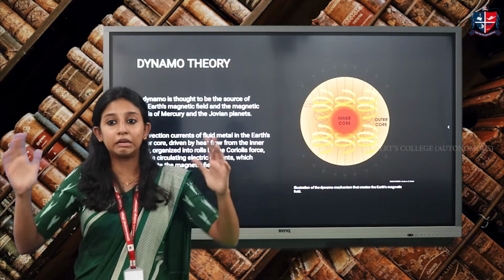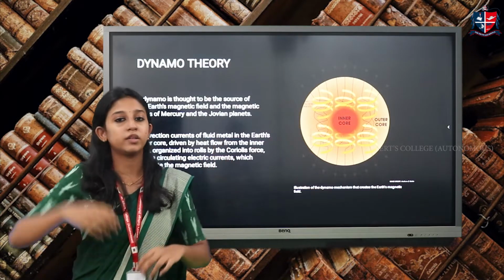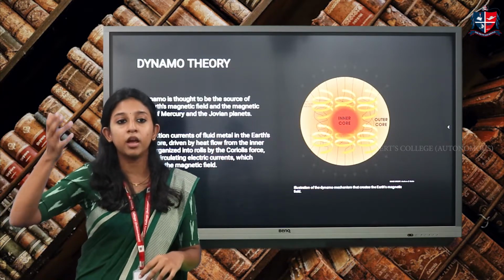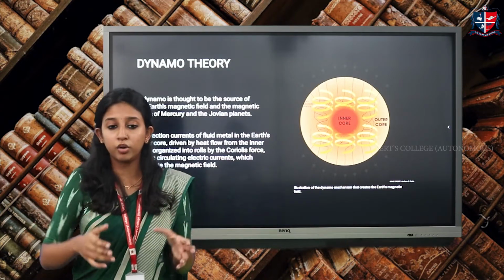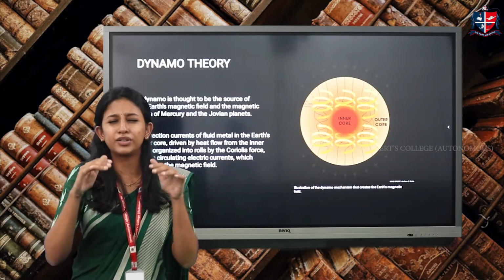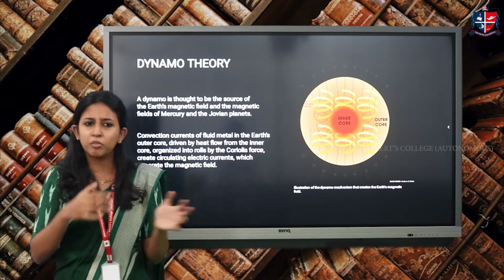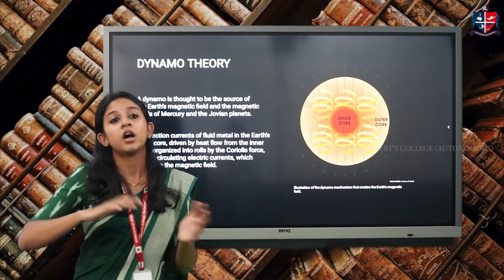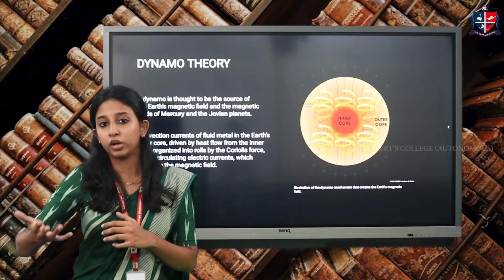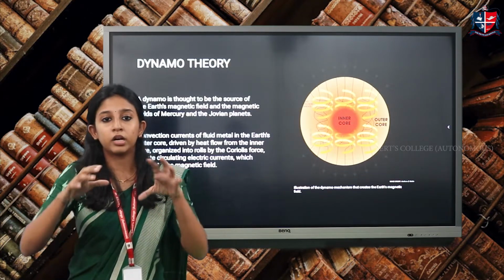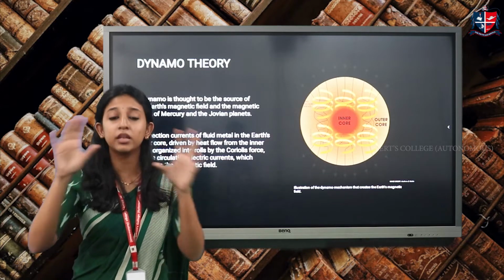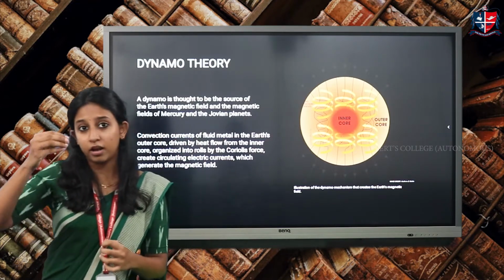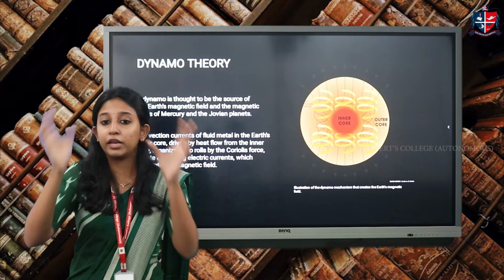We know that Earth consists of different layers. There is the crust, then the mantle, and then the core, the outer core and inner core. The inner core is a solid metal ball, mostly consisting of iron. Outside this, we have the outer core, which is filled with iron, nickel, and other alloys, and this metal is in liquid form.